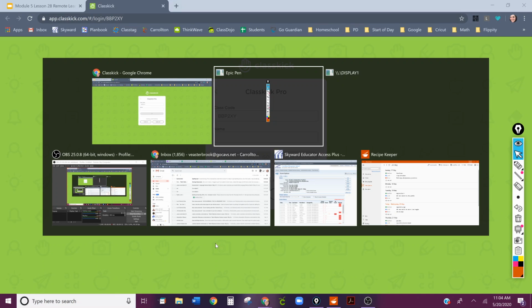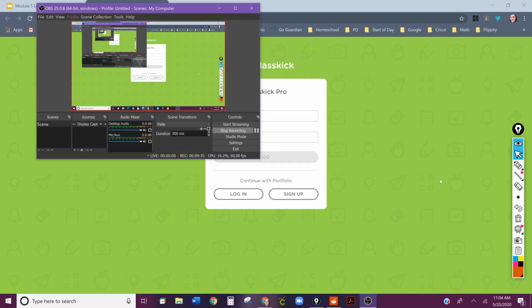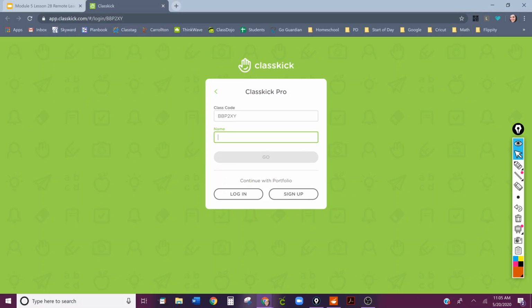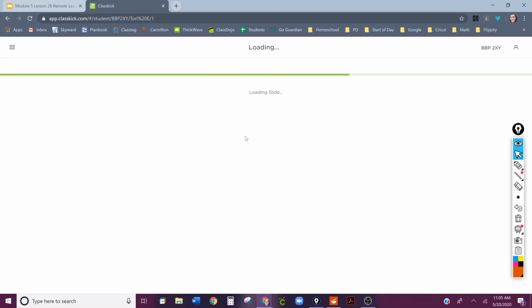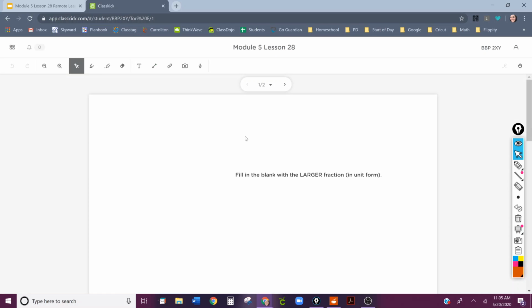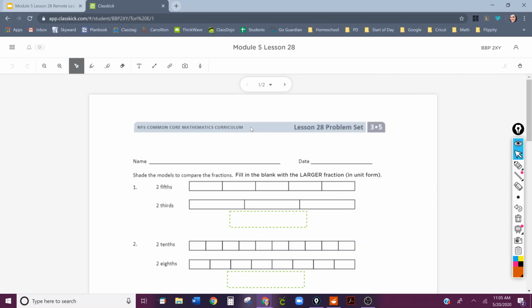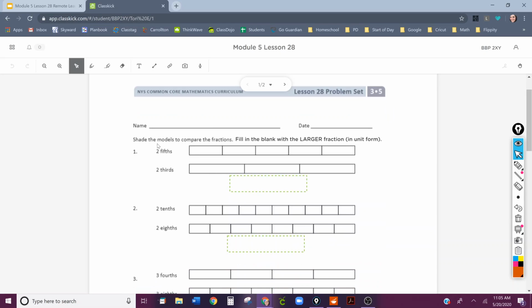That brings us to our problem set. Remember, make sure you type your first name first and then your last name or last initial. Okay, so lesson 28 problem set. It says shade the models to compare the fractions.